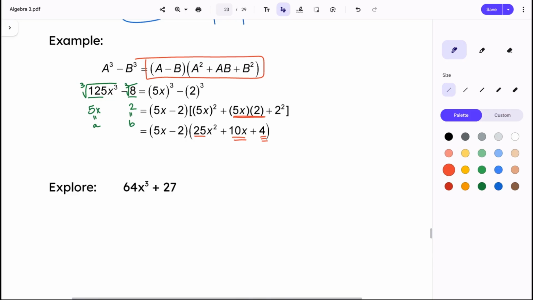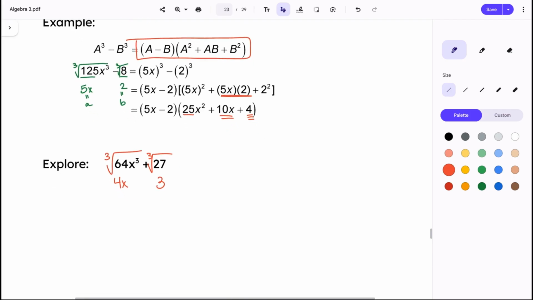Okay, so the first thing I would do is cube root both of your terms. So this becomes 4x, and this is a 3. And then instead of using the subtraction rule like I have up above, I'm going to use the sum rule, which is very similar. So you're going to take your first two terms, 4x, and it's going to be plus 3 this time. Then you're going to square the 4x squared.